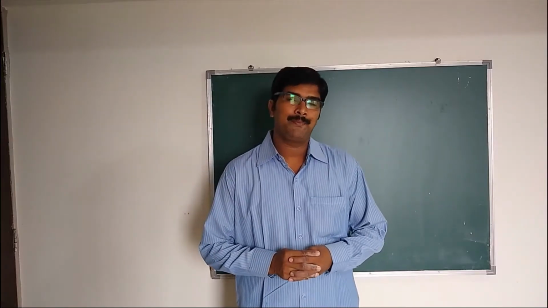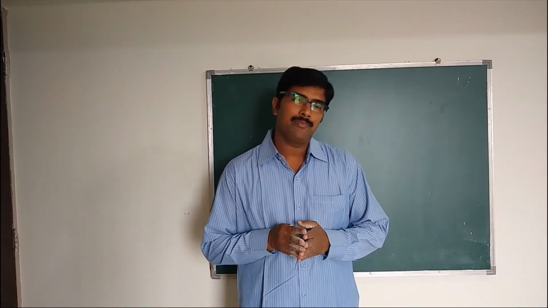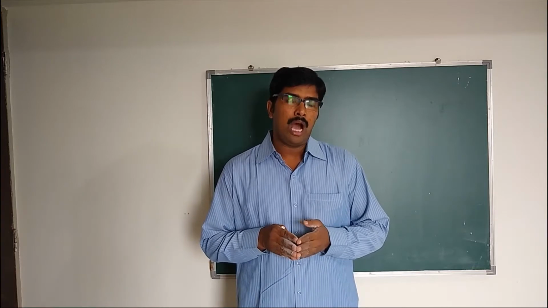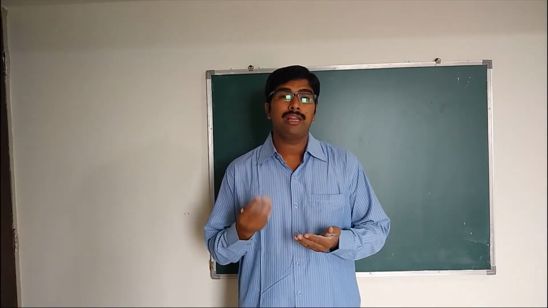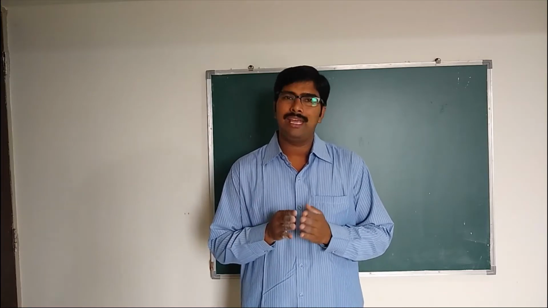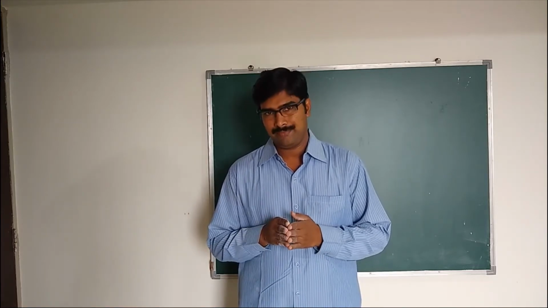Hi everyone. Today in this video I am going to solve some examples on how to find the particular integral when the right hand side is either sin ax or cos ax.